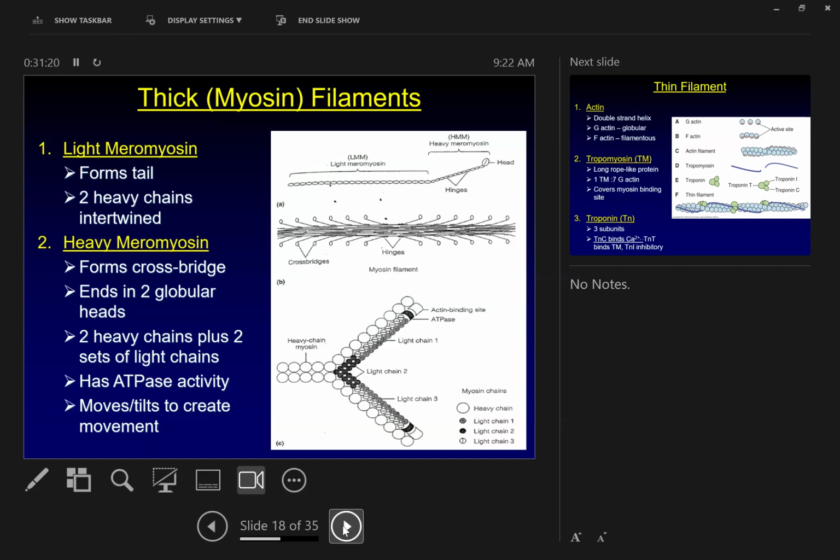The reason you use energy during exercise is because of this enzyme right here. How quickly this enzyme can split ATP into ADP is arguably the single biggest predictor of how fast each one of you can run, of how high you can jump, okay?